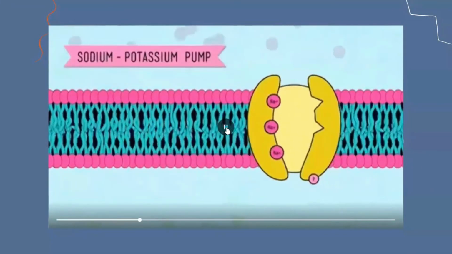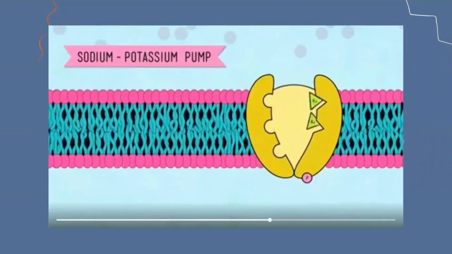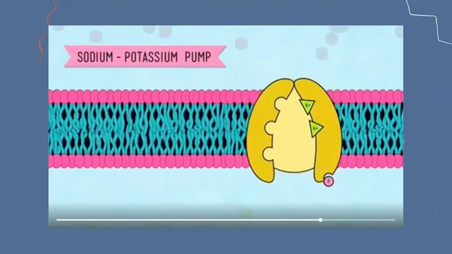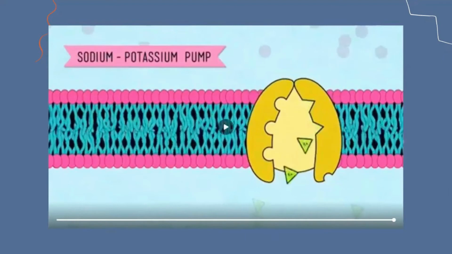So we've mentioned earlier that ions cannot easily pass through the plasma membrane, so they need the channel proteins. So for this, we have the sodium-potassium pump. This pump is very essential in the plasma membrane because it keeps the cell's resting potential by pumping out sodium ions and pumping in potassium ions with the help of ATP.